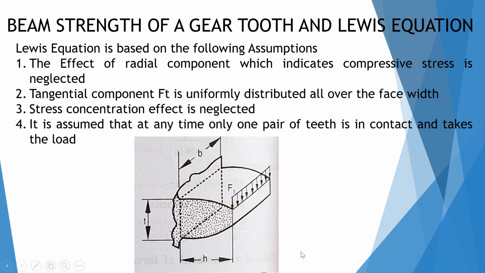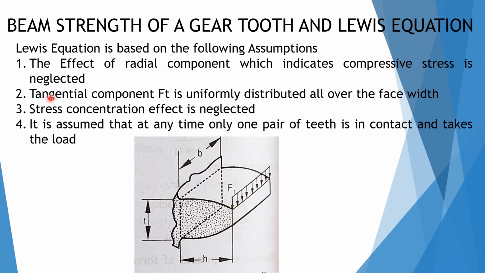The strength of gear teeth is calculated by using the beam strength equation, and that equation is known as the Lewis equation. This was formulated by Wilfred Lewis in 1892, and the Lewis equation is based on some assumptions. First, the effect of the radial component Fr, which indicates compressive stress on the teeth, is neglected.